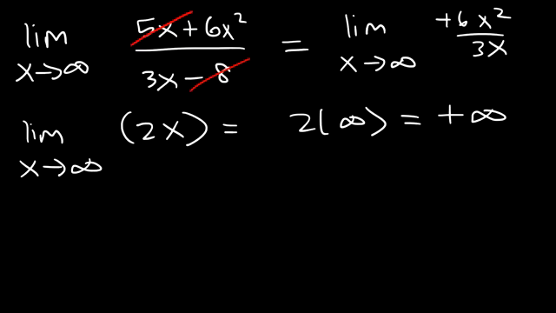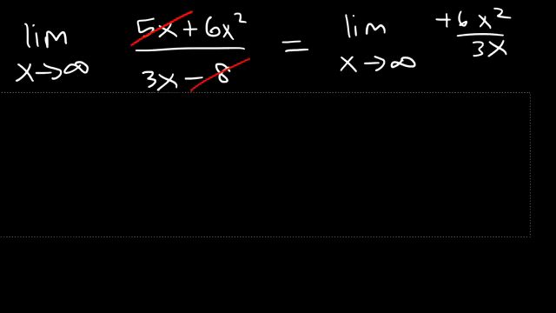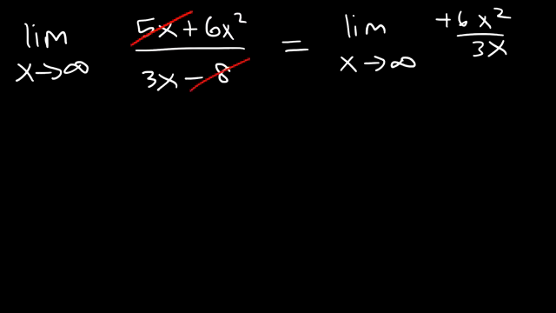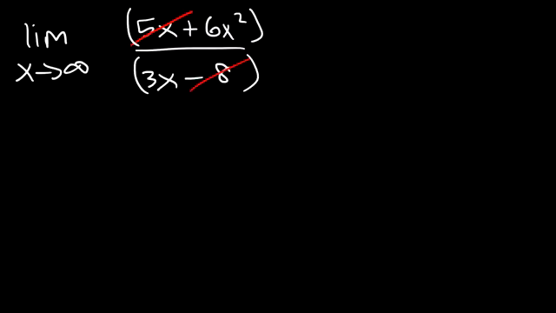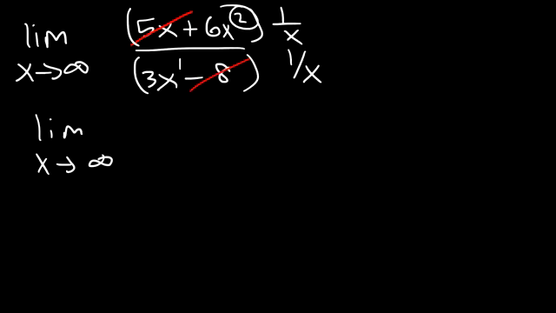But now let's do this problem another way. Just like we've been doing before, let's multiply the top and the bottom by 1 over x, since the highest degree on the bottom is 1. On top it's 2, but they're not the same, so I'm going to go with 1 this time.